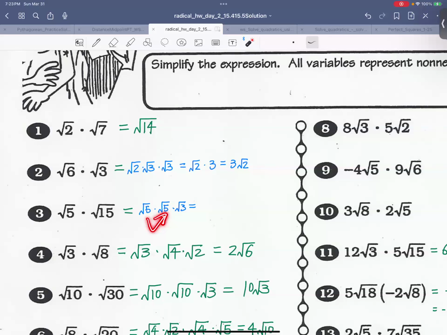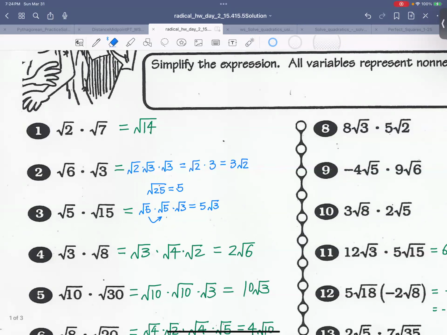You multiply by 5. So yes, you can put 5 in front. This means the product is square root 25. And 25 is 5 squared. That's why this equals 5. Okay? Make sense? That's what's going on.